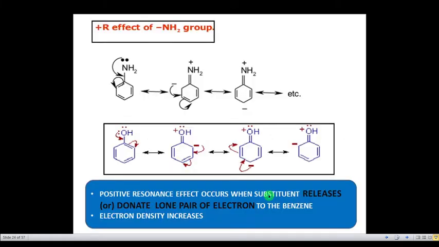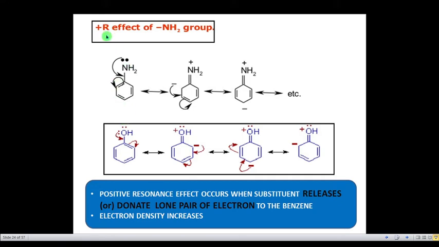For example, I am giving you here NH2 substitution and OH substitution in this slide. These are responsible for the positive resonance effect in the benzene ring. See that both of them have a lone pair of electrons.